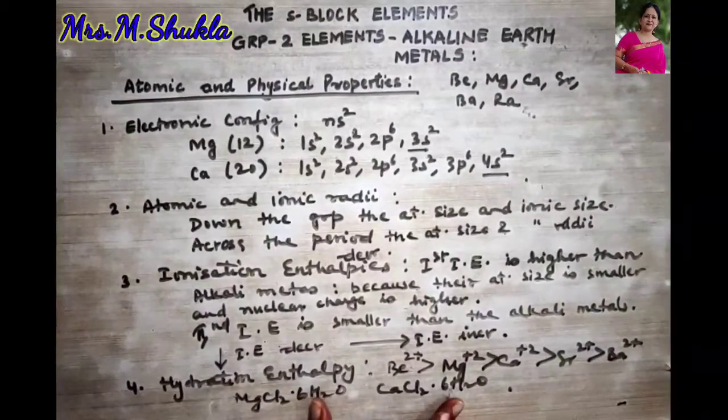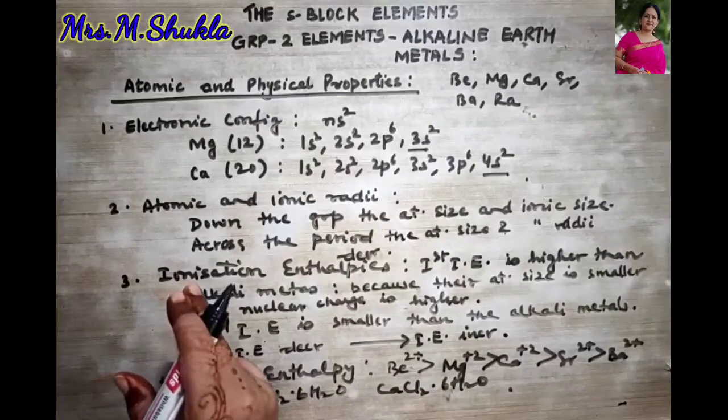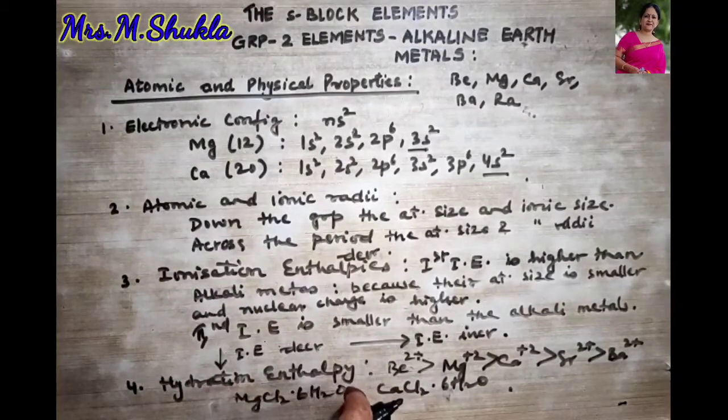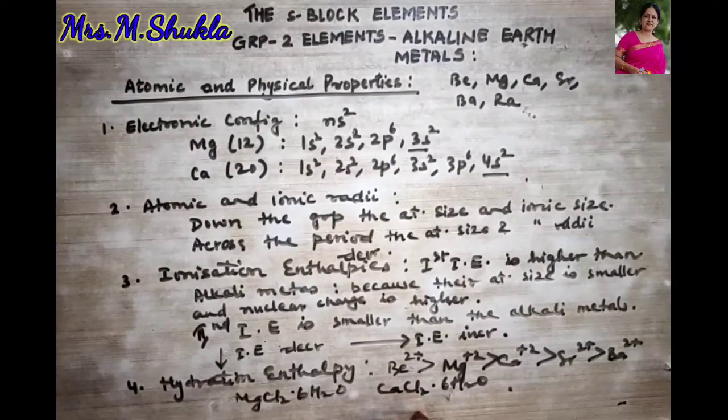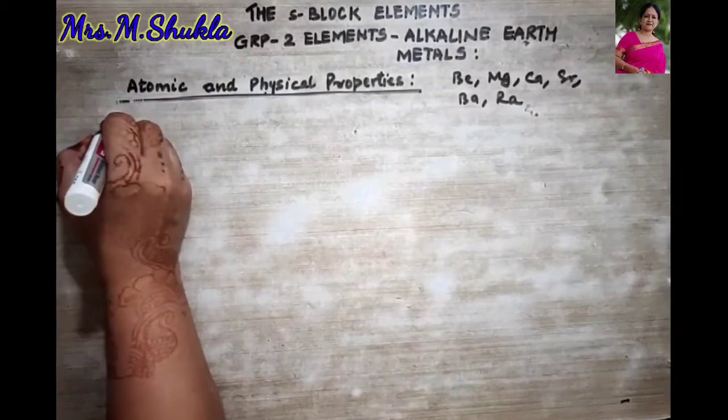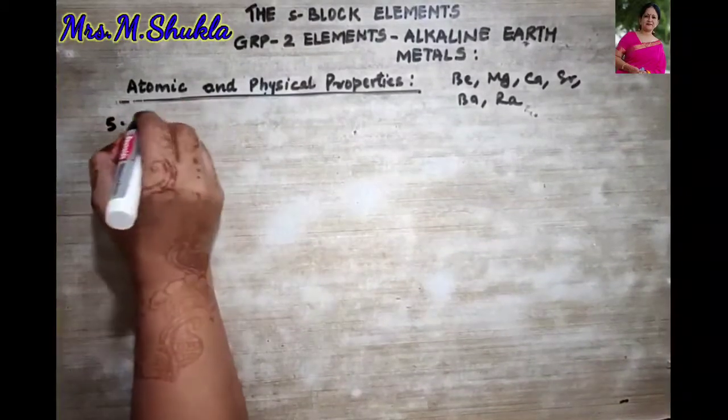So why is it so? Due to smaller size than that of the alkali metal cations. Therefore, they show more hydrated compounds than the alkali metals. Now let's talk about the electropositive character.